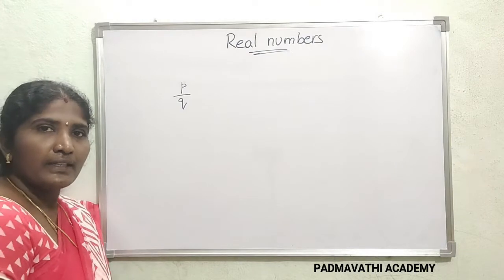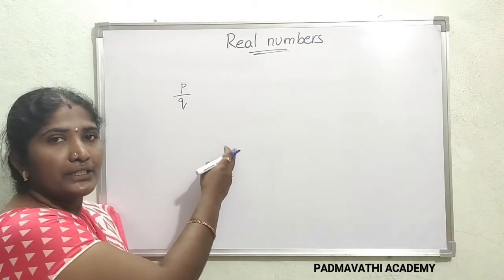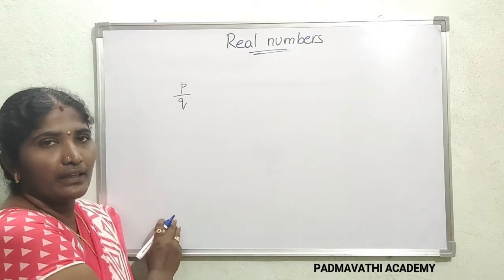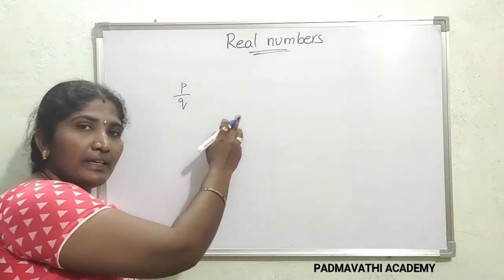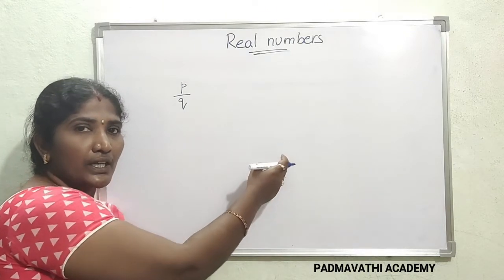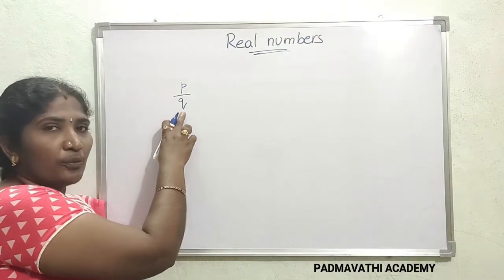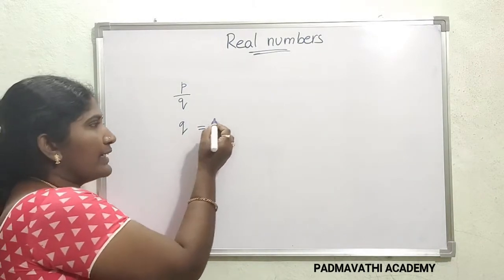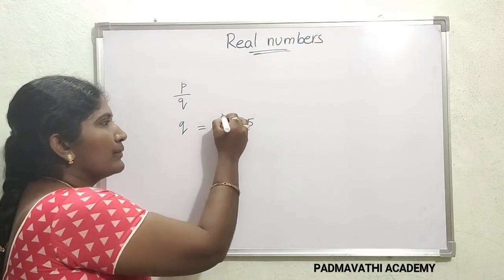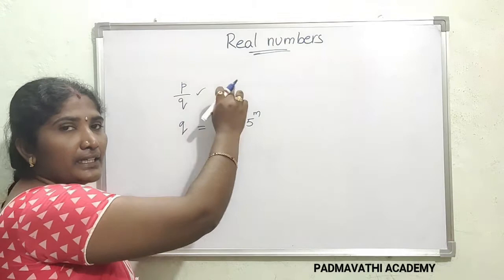Next concept: every rational number's decimal expansion either terminates or does not terminate. How can you identify whether the given rational number's decimal expansion terminates or not? For this purpose, we take the denominator. If the denominator contains only prime factors 2 and 5, then this rational number's decimal expansion terminates.